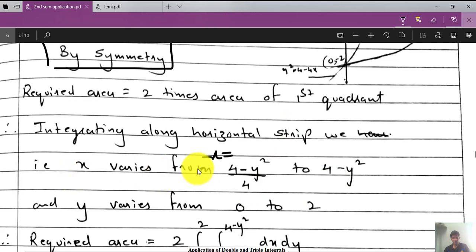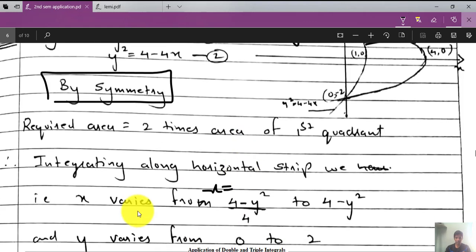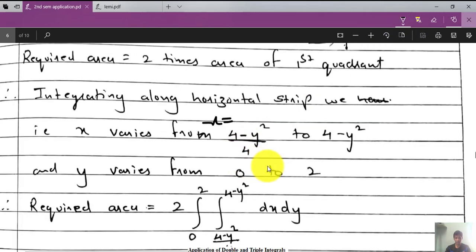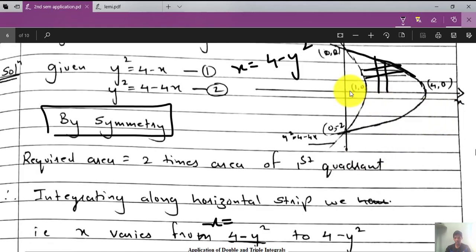So x varies from 4 minus y square divided by 4 to 4 minus y square. And y, along the vertical, ranges from 0 to 2.